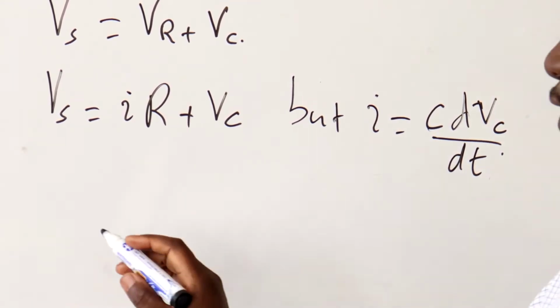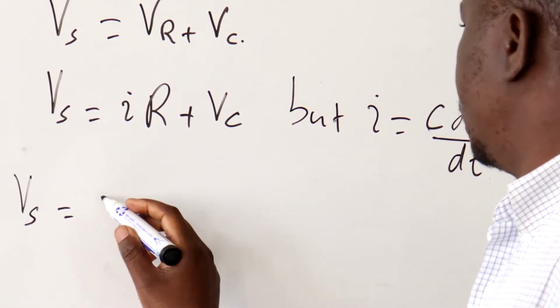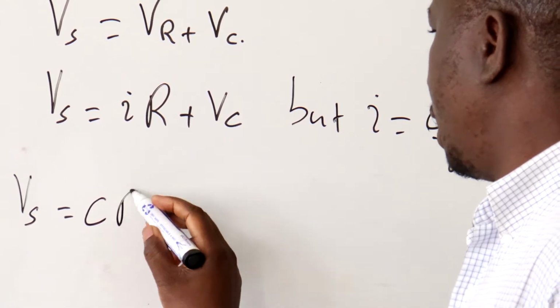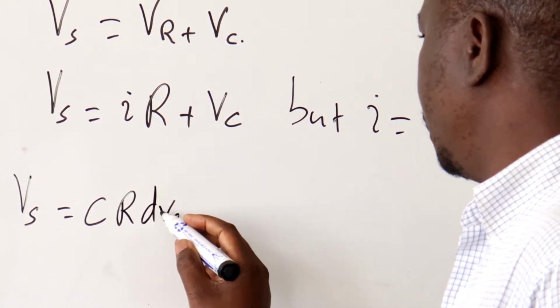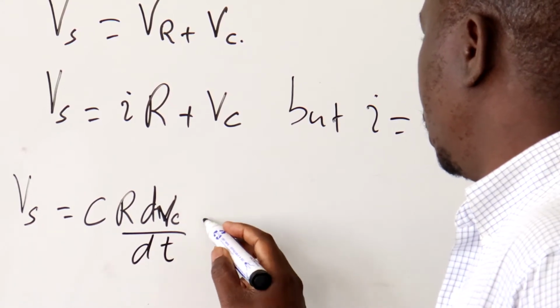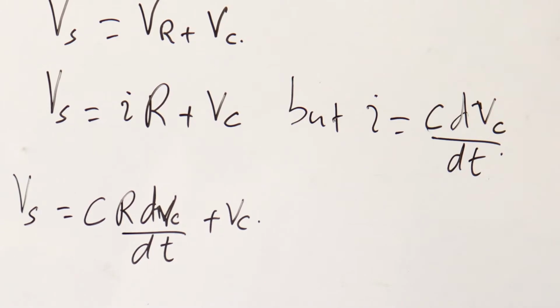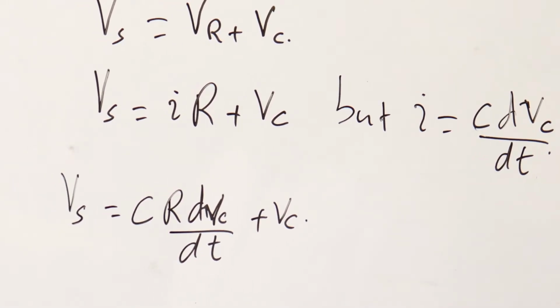V of S is equal to CR dVC over dt plus VC.